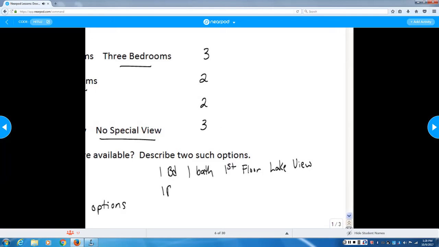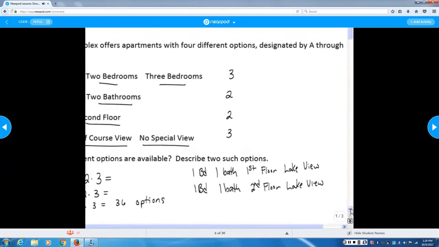Or I could have a 1-bedroom, 1-bath, second floor Lakeview apartment. There are a total of 36 different ways that I can combine my options. All right, let's try another example.